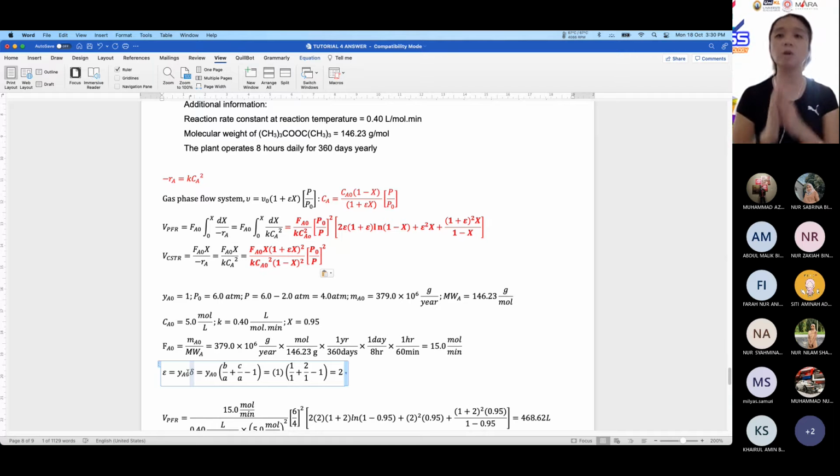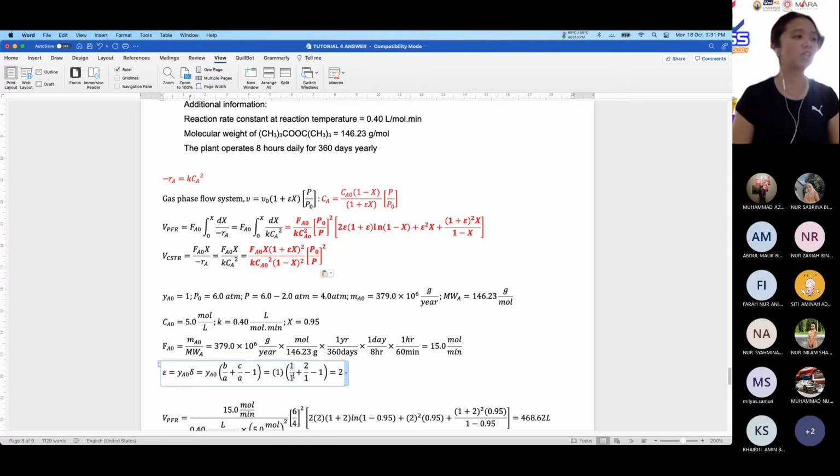Hence, it is a positive stoichiometric coefficient ratio for B and C as products, and a negative one for A. So it becomes plus B per A plus C per A, and of course the minus at the front we don't write it. So it is B per A plus C per A minus, technically, A per A, which is 1. That's why it will always be minus 1, because that minus 1 is actually minus A per A.